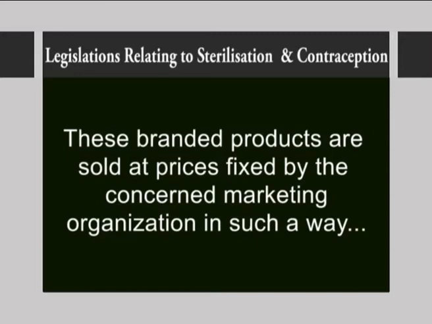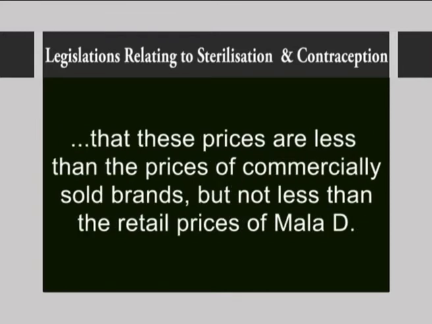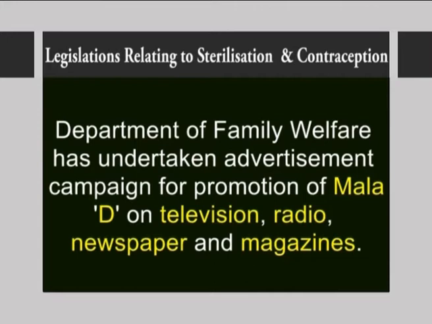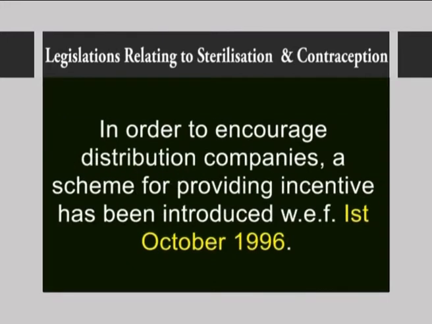These branded products are sold at prices fixed by the concerned marketing organization in such a way that these prices are less than the prices of commercially sold brands, but not less than the retail prices of Mala-D. The Department of Family Welfare has undertaken an advertisement campaign for promotion of Mala-D on television, radio, newspaper and magazines. In order to encourage distribution companies, a scheme for providing incentive has been introduced with effect from 1st October 1996.